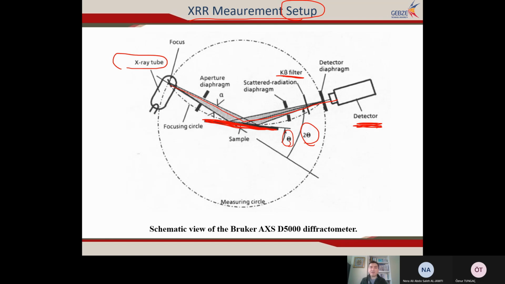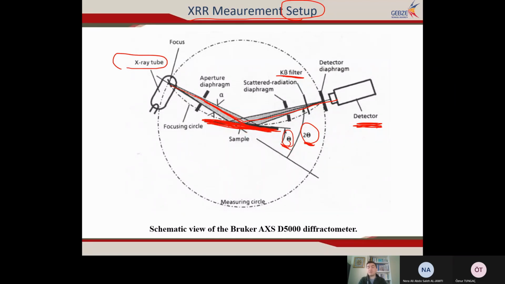You must have a very nice goniometer. You should be able to change the theta and also 2 theta precisely in X-ray reflectivity experiments. But before you start the experiments, you have to align the sample according to the incoming beam. This part is very important both in X-ray reflectivity experiments and also in X-ray diffraction experiments.